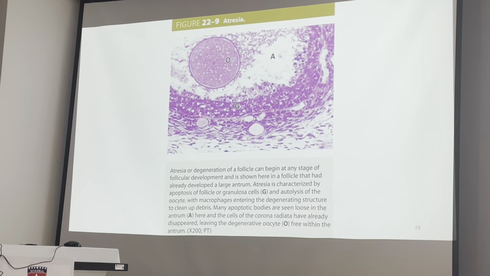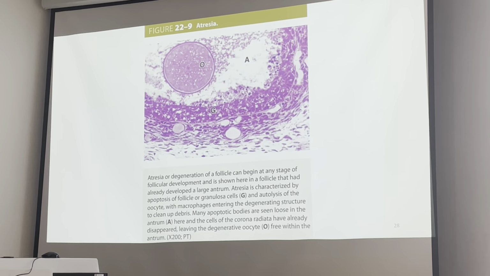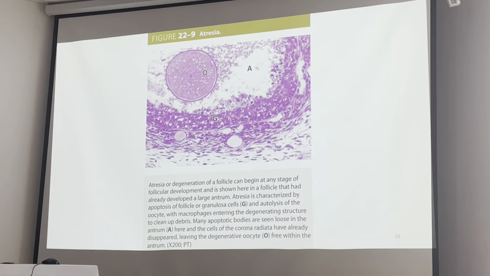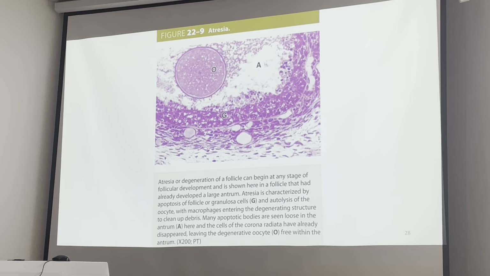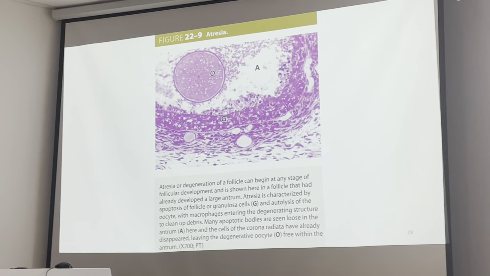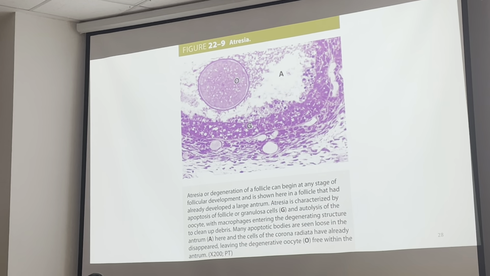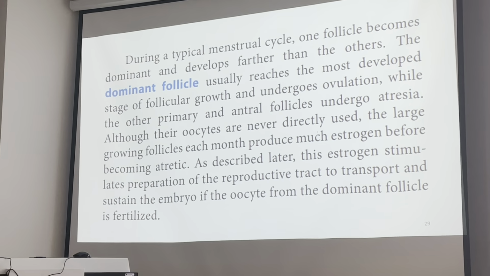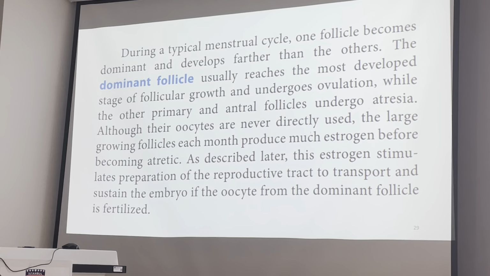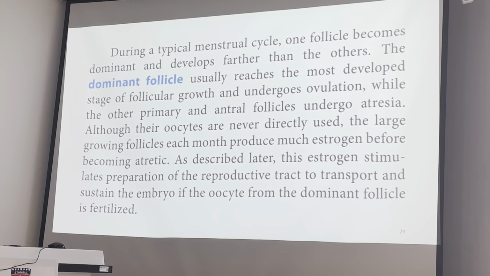You can see these dead cells between the granulosa cell layer, and also theca interna and theca externa degenerate. Atretic follicles can form glassy structures in the cortex of the ovary, the glassy structure related with atretic follicles. Also, we have the dominant follicle, which continues development and ends with ovulation.